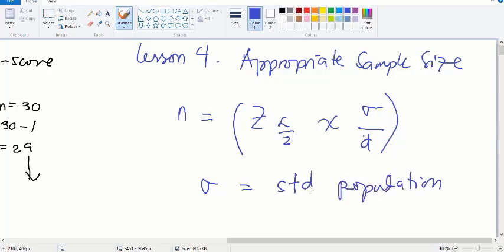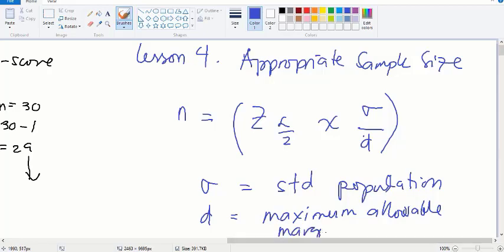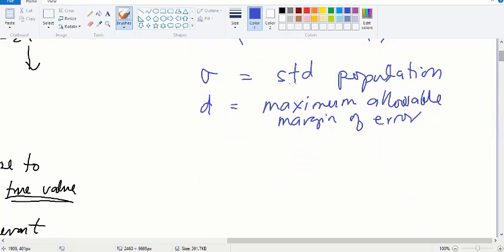Yes, sorry guys. Kasi nga pala ang variance is the square. Baka nalito kayo kanina pa ako, S ng S for the standard deviation of the population. Tama pala talaga, it's the sigma. And then D is the maximum allowable margin of error.